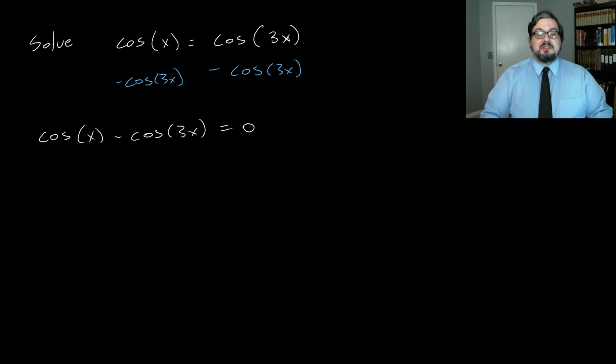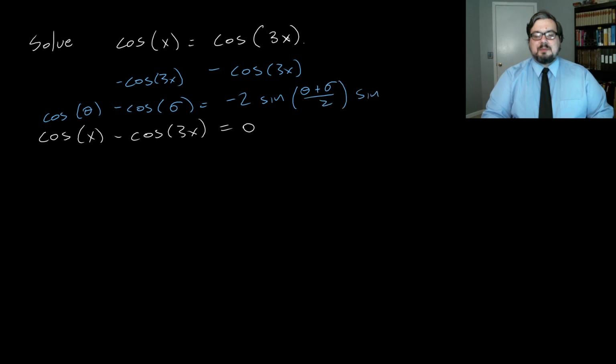And here's where we can use our formula. So we have that cosine of theta minus cosine of sigma is equal to negative 2 times sine of (theta plus sigma) over 2 times sine of (theta minus sigma) over 2, just applying the formula from before.